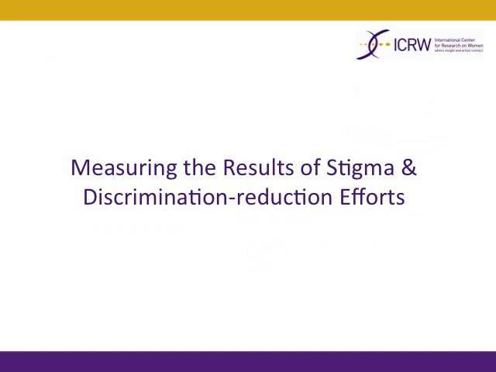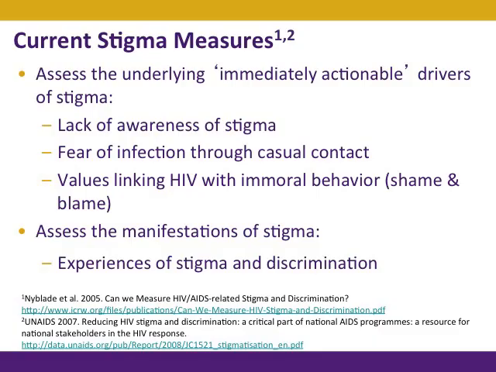Okay, so the next part of the presentation is really around measuring the results of stigma and discrimination efforts. Currently, in terms of measures for evaluating a program, there are some recommended measures that ICRW and others have developed and tested that are targeted specifically at understanding these immediately actionable drivers.